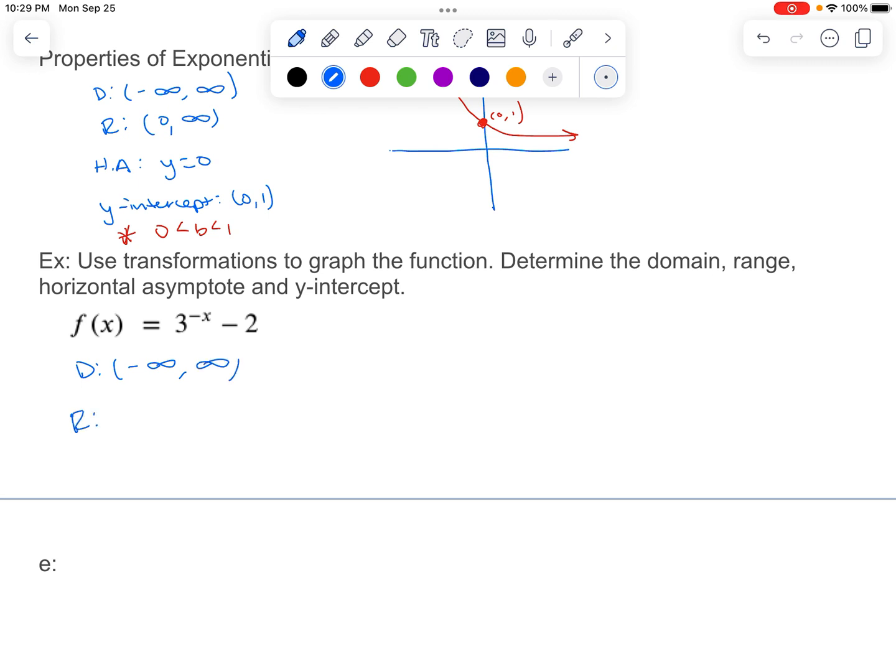My range, so thinking about my range here, my range is normally 0 to infinity, but I have this plus 2 at the end, so I know that that's going to drop my graph down 2. So now my range is going to be negative 2 to positive 2.